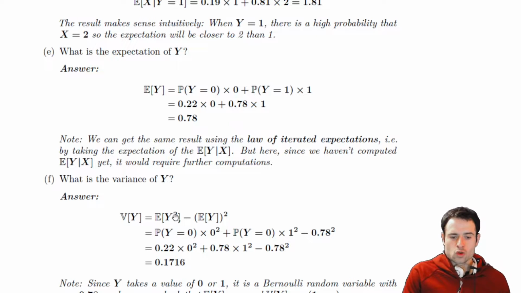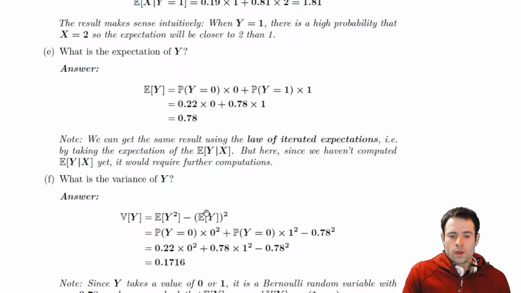And since here there is a square on the y, I multiply 0 by itself, so 0 squared, plus the probability that y is equal to 1 times 1 squared, and that will give you the expectation of y squared.